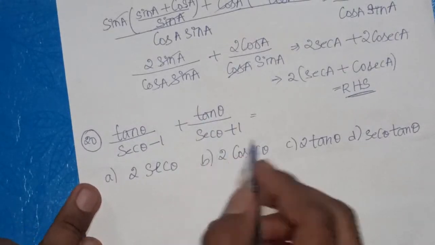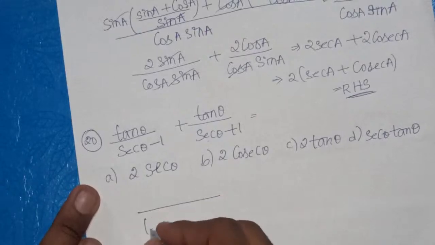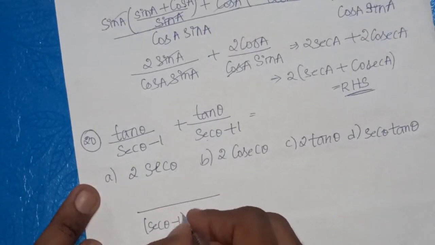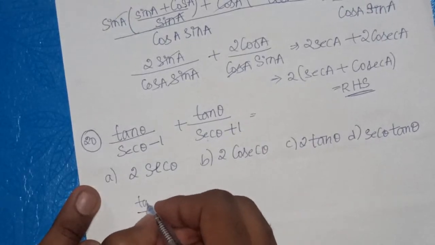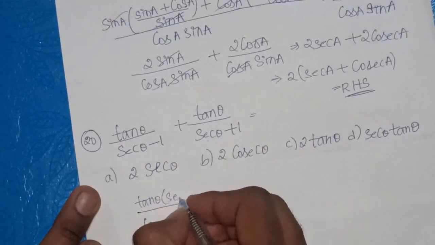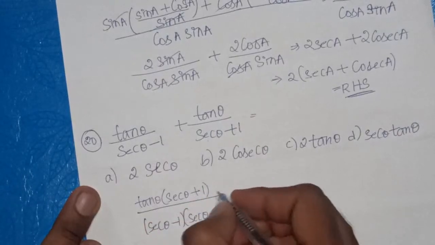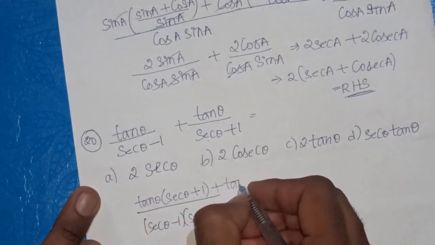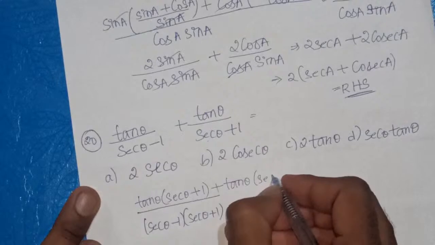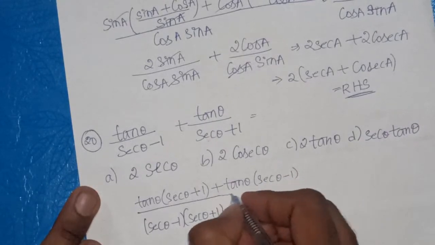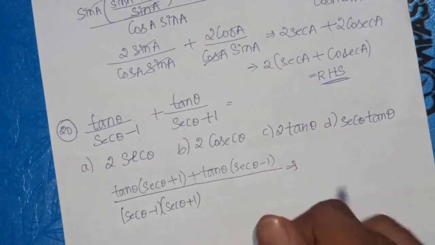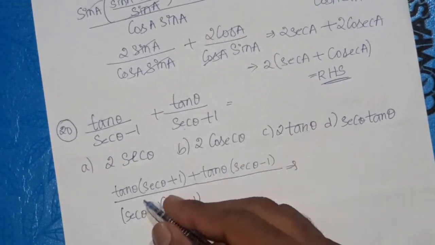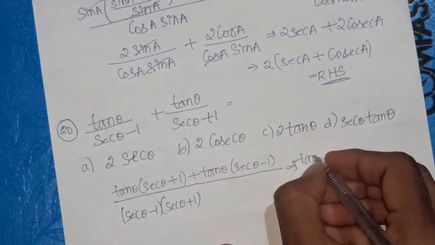From this we need to take LCM, that is (secant theta minus 1) into (secant theta plus 1). The numerator is tan theta into (secant theta plus 1) plus tan theta into (secant theta minus 1). In the numerator we can see that tan theta can be taken common.